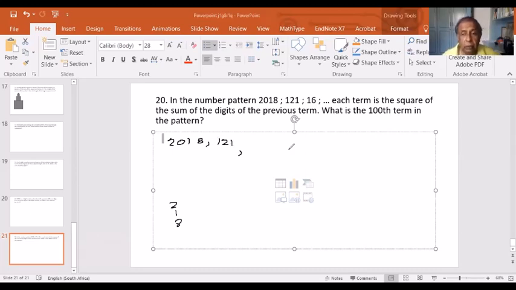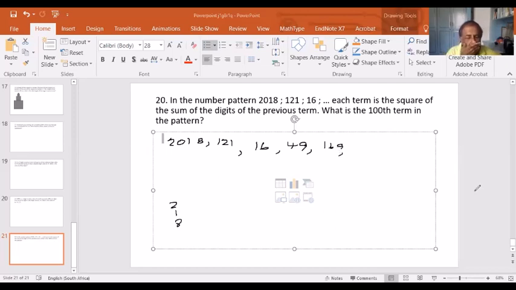It's 4. 4 squared is 16, 4 times 4. Here 1 plus 6 is 7. Let's go on. You square that, you get 49. 4 plus 9 is 13. Square it. 13 squared is 169.